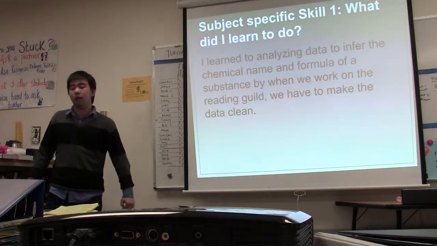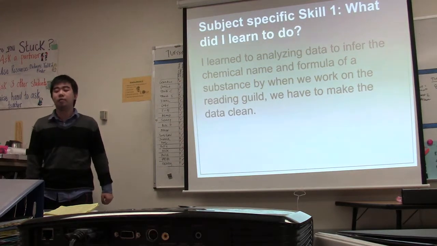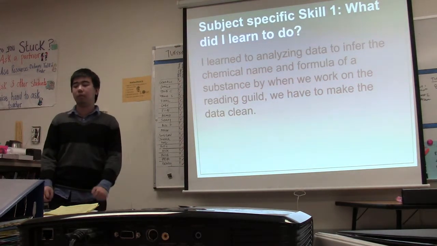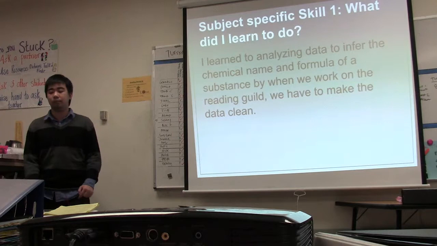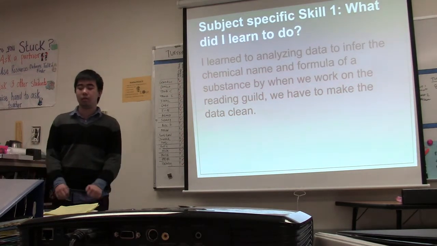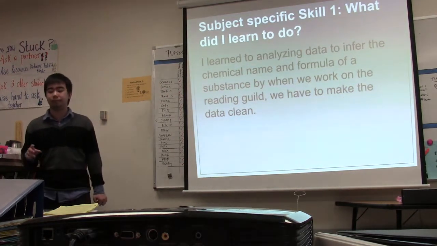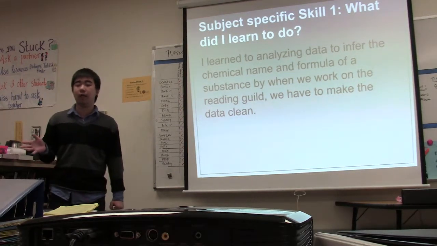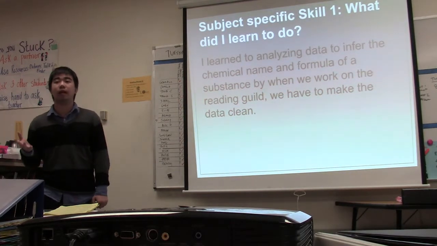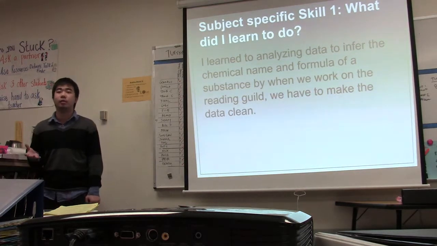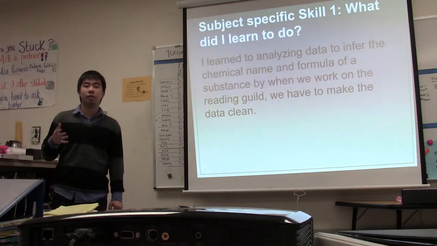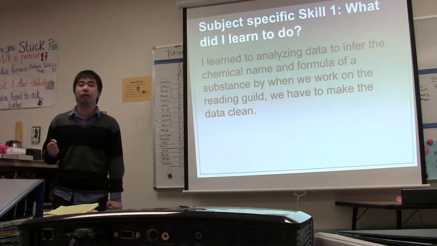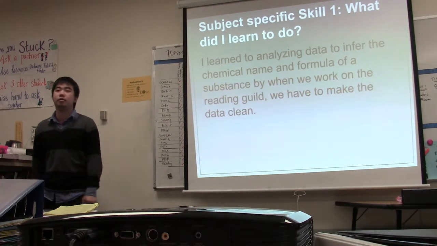I learned to organize the data to determine the chemical properties of a substance when we worked on the reading guide in the chemistry reading guide. So we have to analyze the data. It is very important, because if we don't analyze the data, we don't know what will happen.